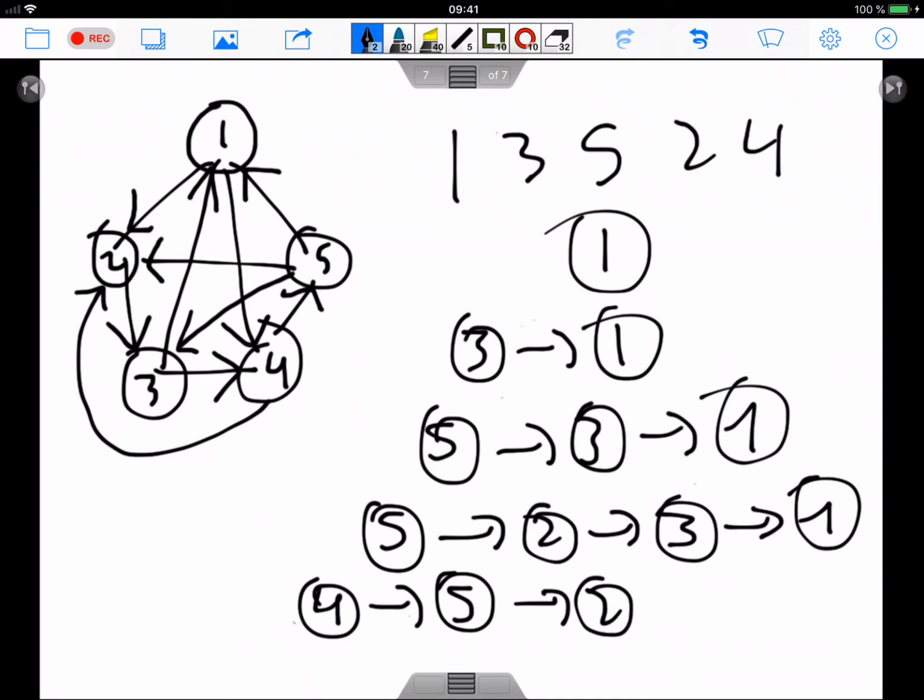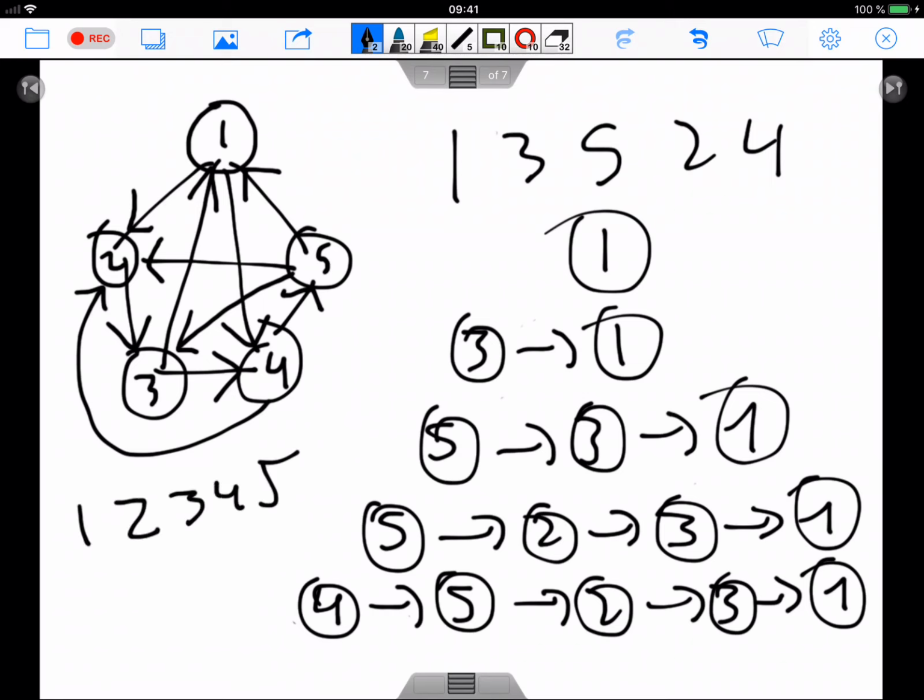Okay? So you see that with different choices of the order of the initial list of vertices, maybe I find different Hamiltonian paths. So one of the paths that we found was 1, 2, 3, 4, 5. And this is different from this path here, which is 4, 5, 2, 3, 1.